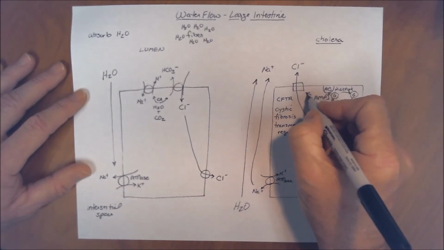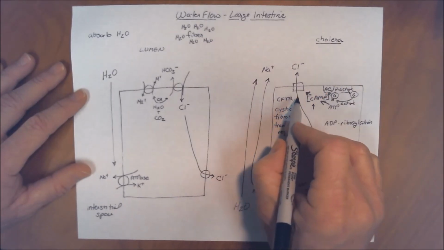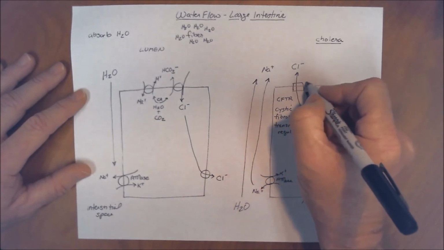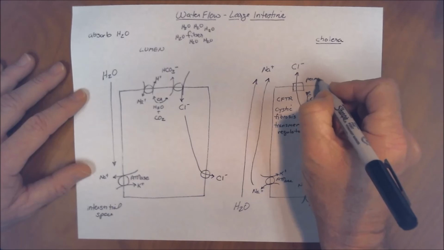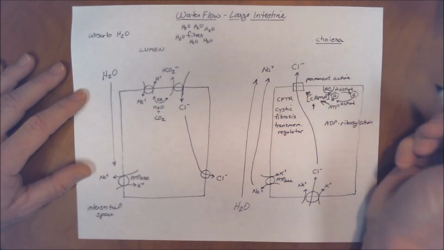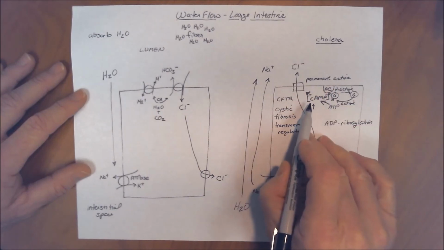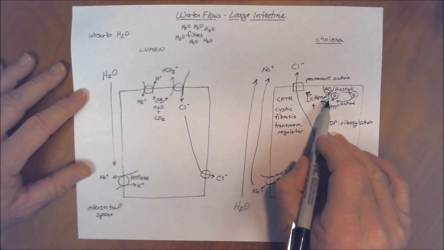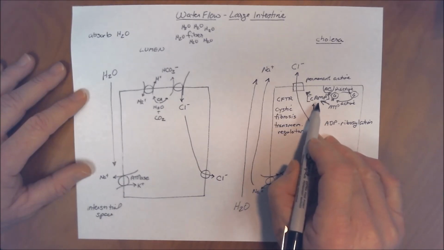What this does is it stimulates the CFTR chloride transporter into a permanent active state. Permanent being until we can inhibit the cyclic AMP, reduce its concentration.